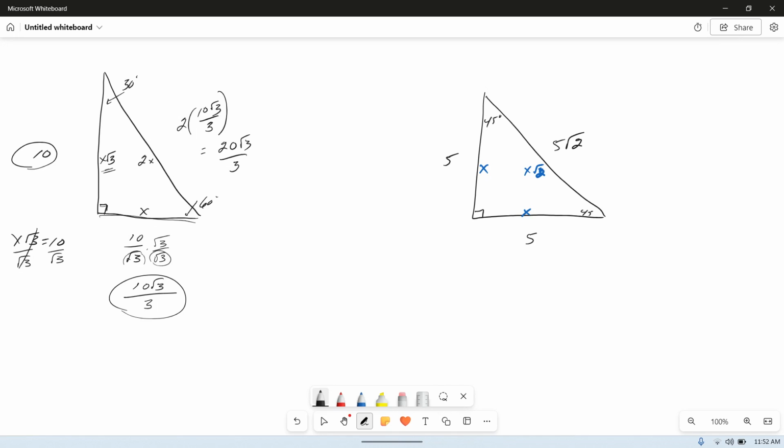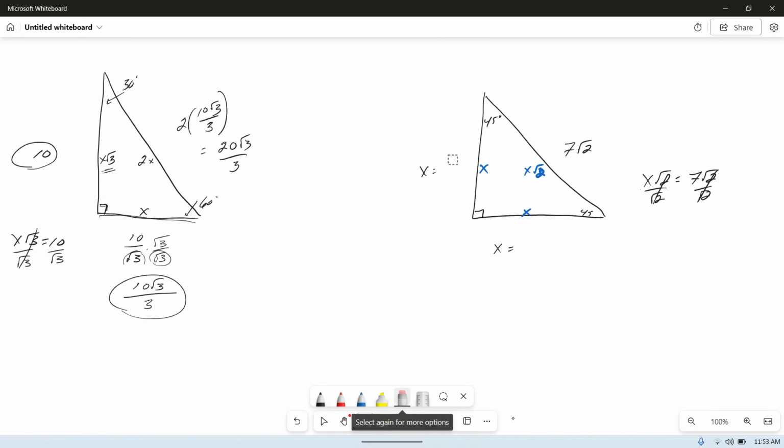I hope that makes sense. Where this becomes a little more challenging, like with the 30, 60, 90, is, what if the hypotenuse is 7 root 2? Well, if x root 2 equals 7 root 2, I'm going to divide the square root of 2 from both sides, and x would equal 7. That would be the same for both of those legs. They're each 7.